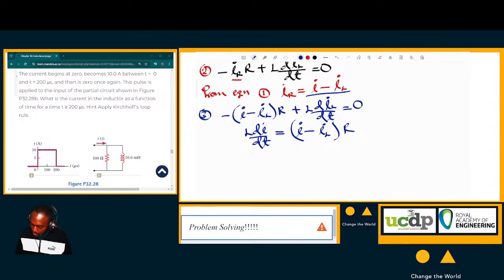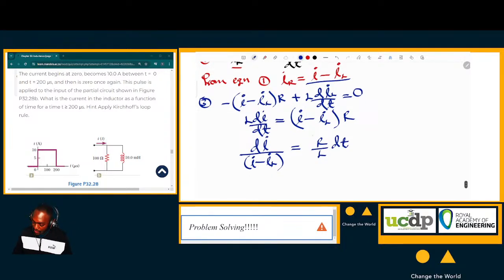Okay, so if you rearrange this, that becomes di over I minus IL, which is equals to R over L dt.